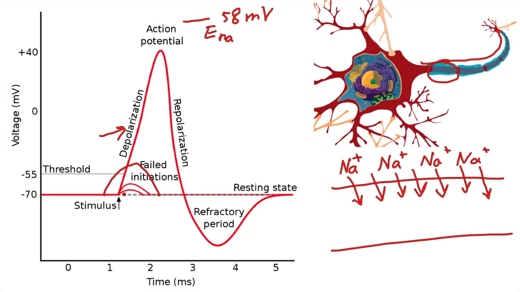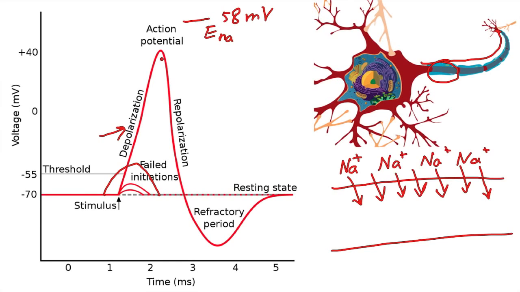So sodium is rushing in because of the driving force causing sodium to go in. Sodium wants the membrane potential to go up to its equilibrium, and that is around 58 millivolts. At this point, voltage-gated potassium channels have enough voltage in order for them to open.